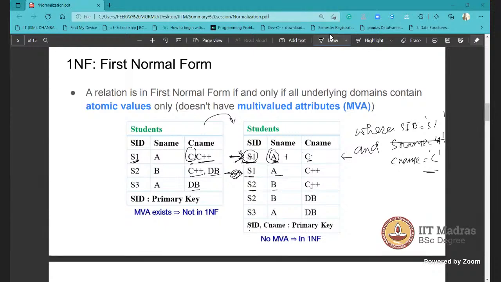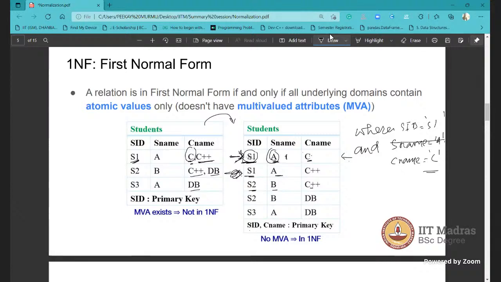Yes. So if you create a table as present on the right hand side, then it is in 1NF because there is no multi-value attribute. For the particular column? Yeah, the right hand side table. No, not for the particular column, for the particular row, the particular field, that particular C++.